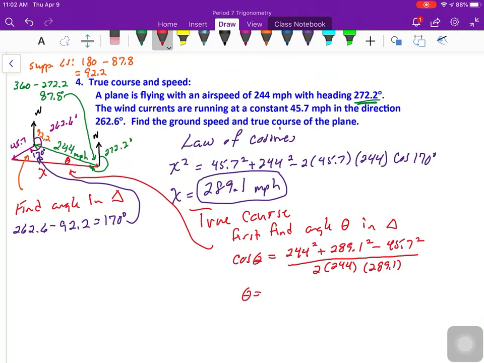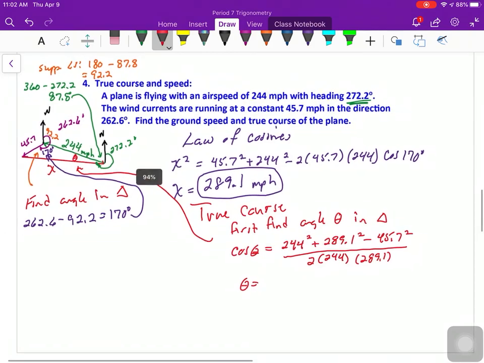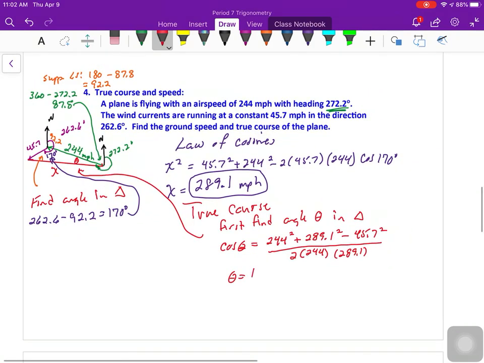My theta comes out to be inverse cosine, and then 244 squared plus 289.1 squared minus 45.7 squared, that whole quantity divided by the quantity 2 times 244 times 289.1, 1.6 degrees.